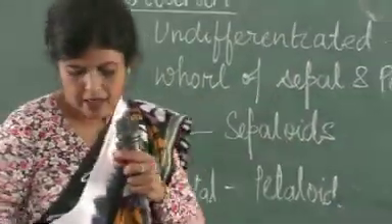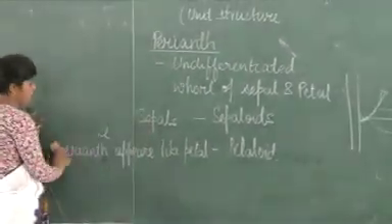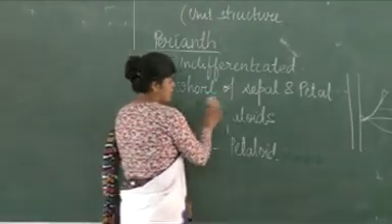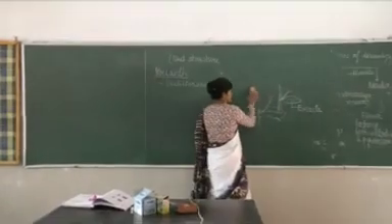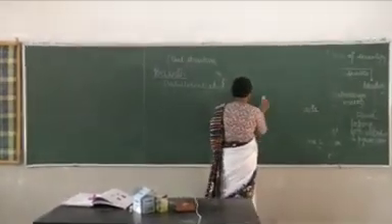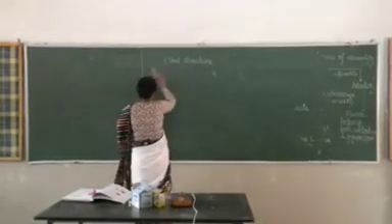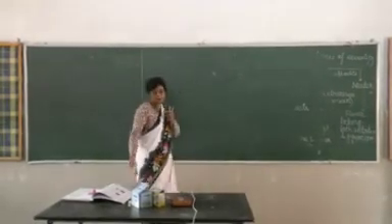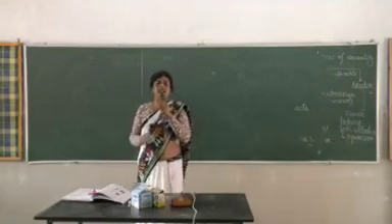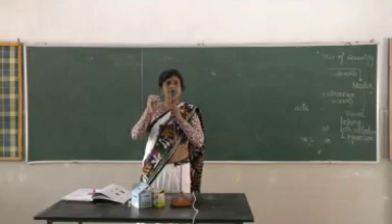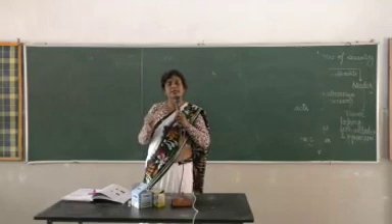Okay? Now, the next one we are going to do, these are the structures which are meant to attract insects. The insect pollinating flowers, they have a lot of modifications in them. They do a lot of changes in them to attract insects. See, this is one of them. They developed an extra structure, that is bract. Next comes the nectaries. What are the nectaries? Nectaries are certain structures which produce a nutritive substance called nectar.